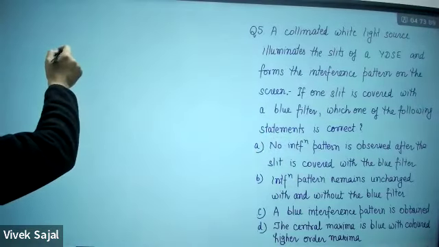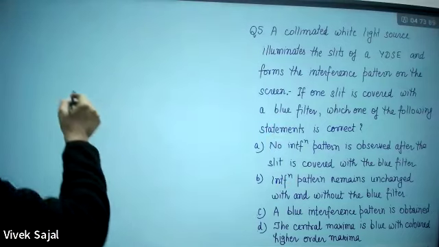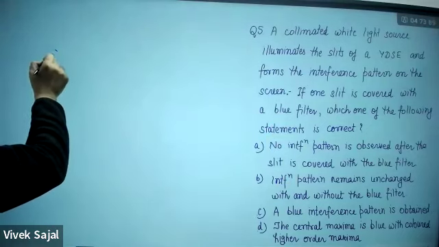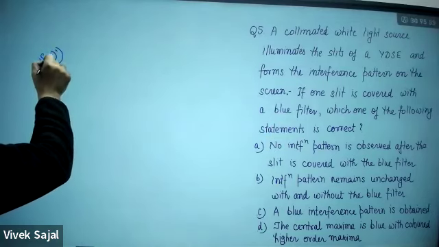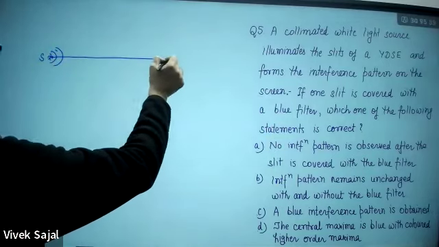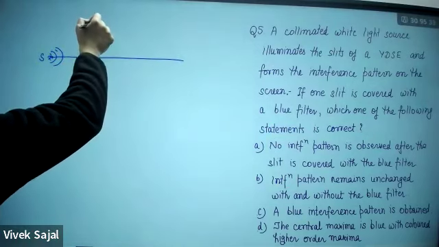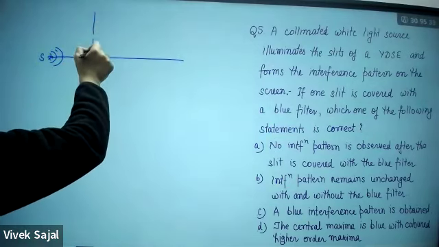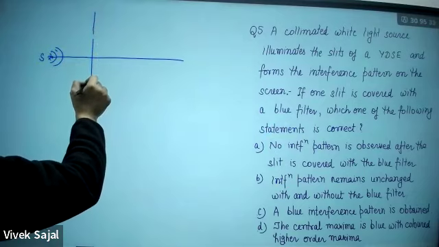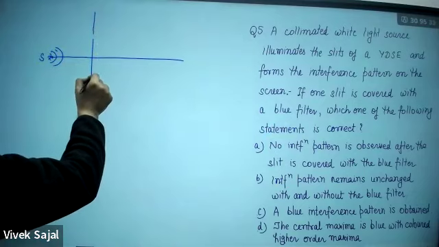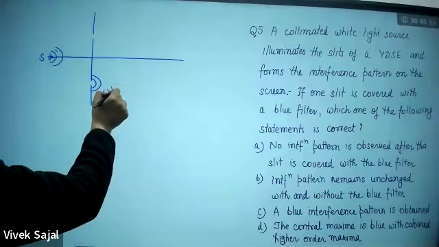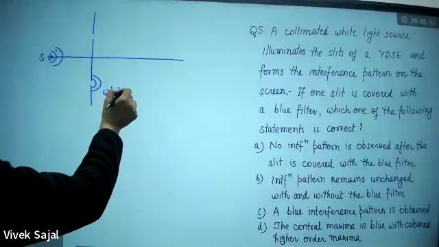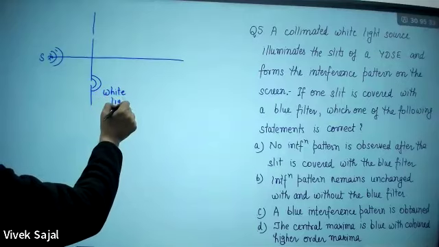So what are they going to do here? This is a source of white light, and you have a YDSE experiment like this. From this slit, S2, white light is emerging.